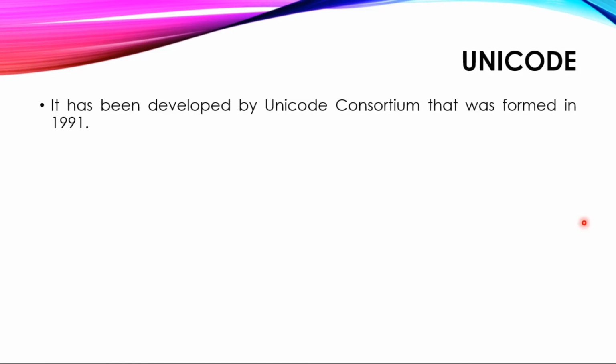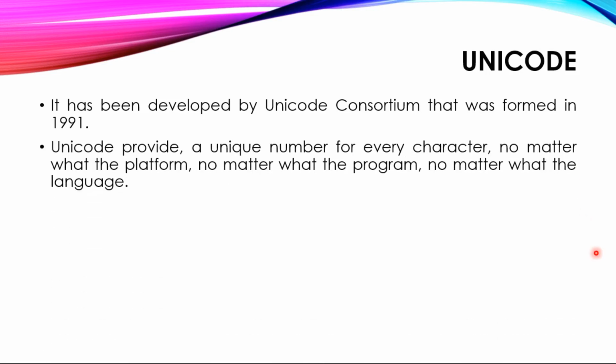Next topic is your Unicode. It has been developed by the Unicode Consortium that was formed in 1991. Now what is Unicode? Unicode provides a unique number for every character, no matter what the platform, no matter what the program, and no matter what the language.